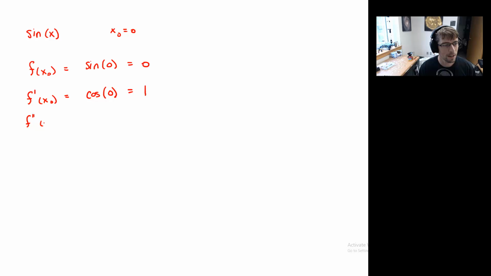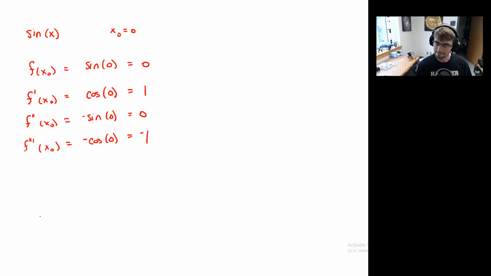And the double prime at 0, well, now I'm at negative sine of 0 equals 0. And I do one more derivative, negative sine gives me negative cosine, evaluated at 0, and gives me a negative 1.